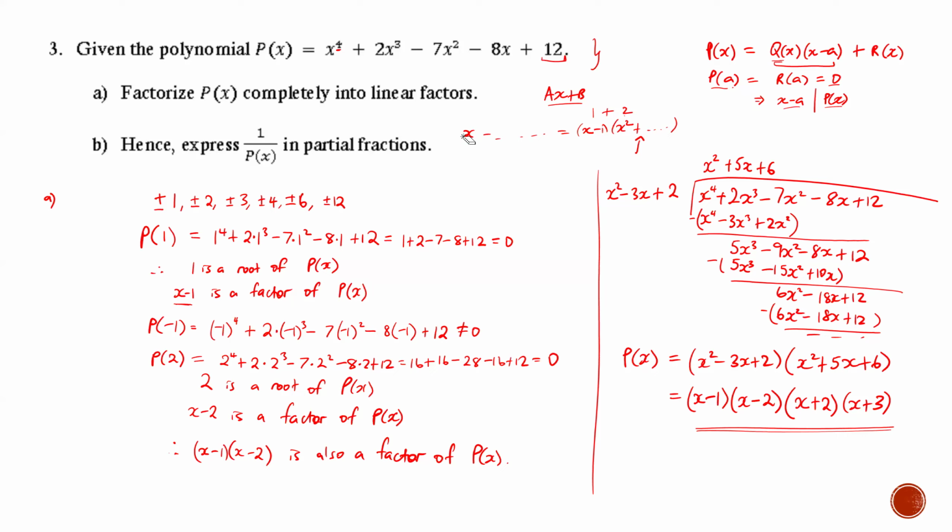So the degree of the polynomial will be the sum of the degrees of the factors into which you break it down. Because the question told us to factorize into linear factors of degree 1, we should end up with four linear factors.